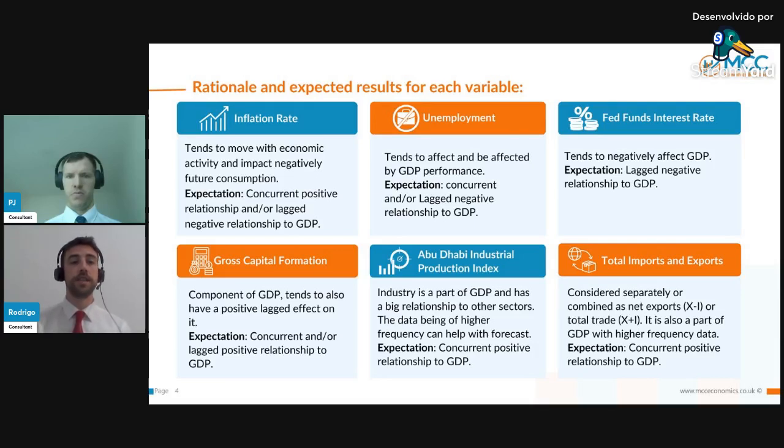Why is that? Because let's say you have an economy that's going very strongly, you have very high exports and then very high imports as well. You have a population with a lot of money that's importing a lot of consumer products. You're going to have net exports that are close to zero. However, your total trade is going to be very, very large.